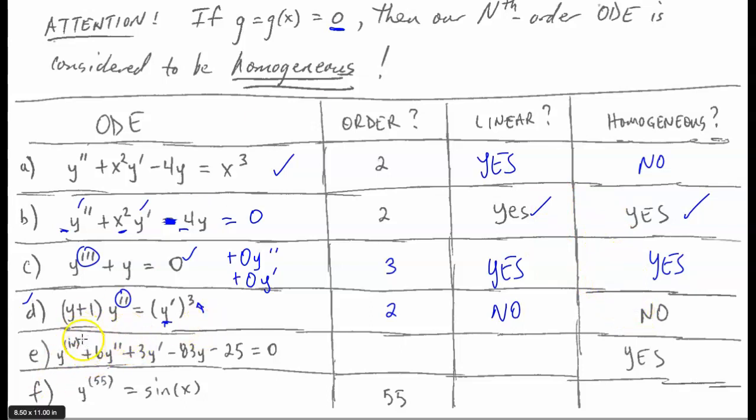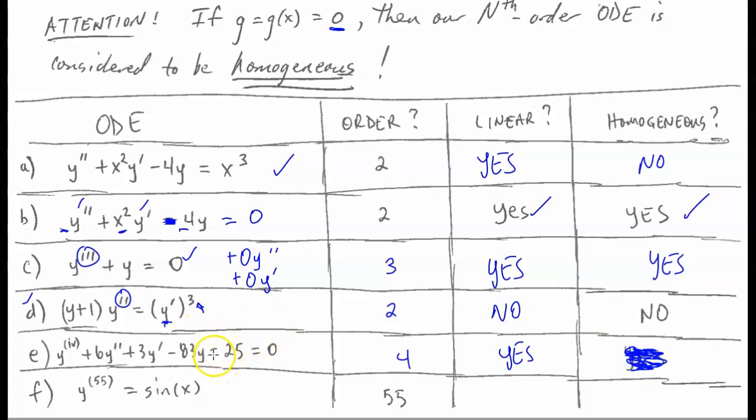All right, so for this next one here, we see that the highest derivative in this particular ODE is going to be of 4th order. That's what the IV means. And we see here that we have a 4th derivative. We don't have the 3rd derivative, but we do have a 2nd, we have a 1st, and then we have no derivative here, okay? So this looks like it's going to be linear. Now, is it homogeneous? I have yes here, but really it's no. And I guess I forgot to correct this.